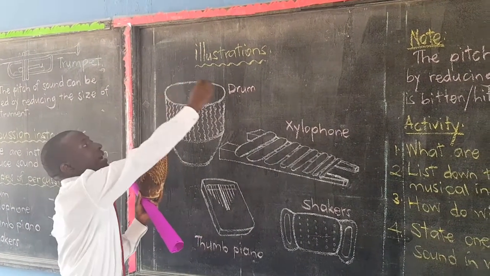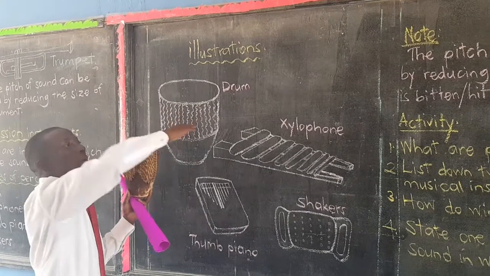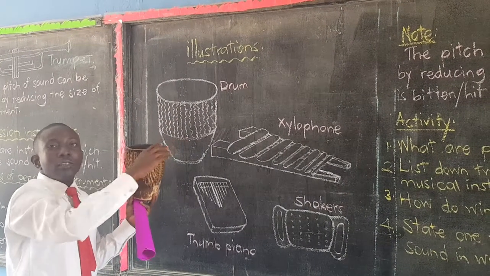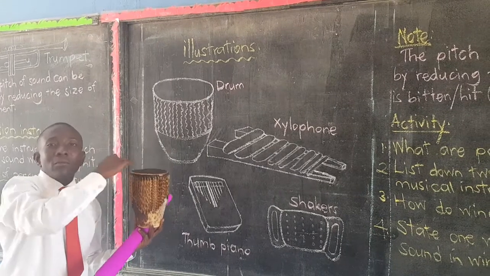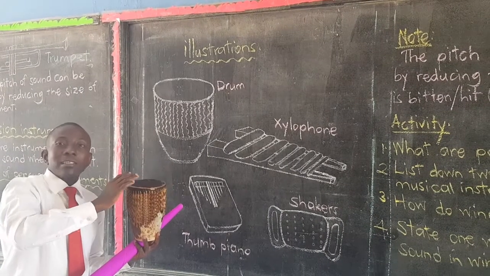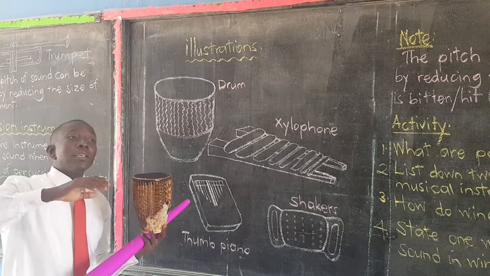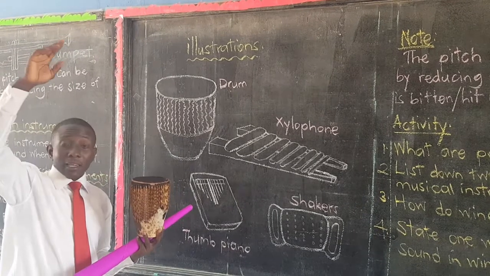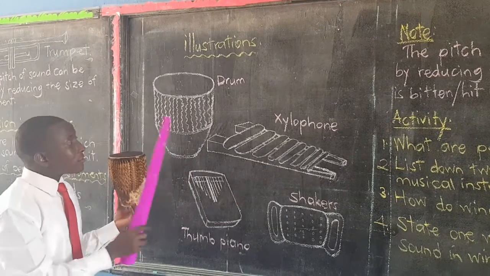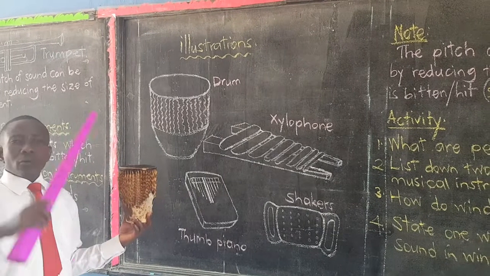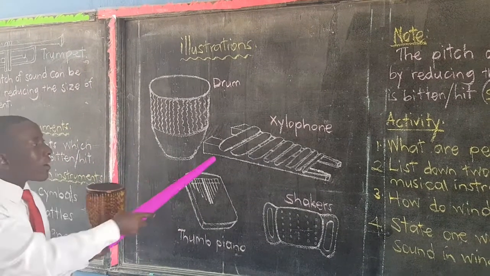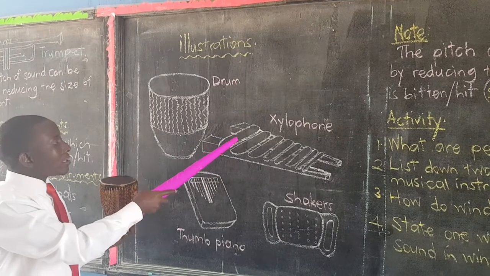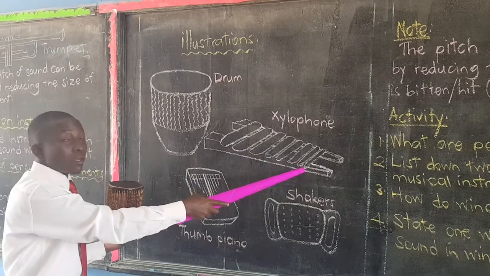This one has a bigger area where it is beaten, so its pitch of sound will be low. This one, which has a smaller area where it is beaten, its pitch will be high.